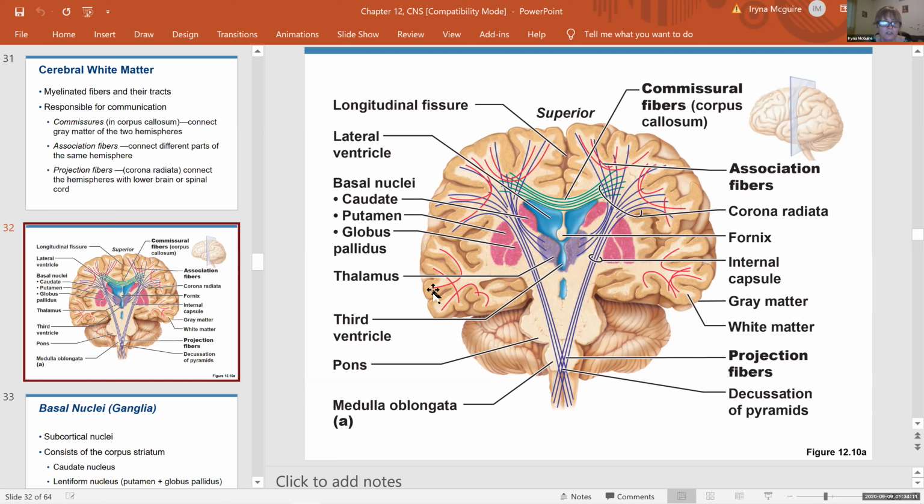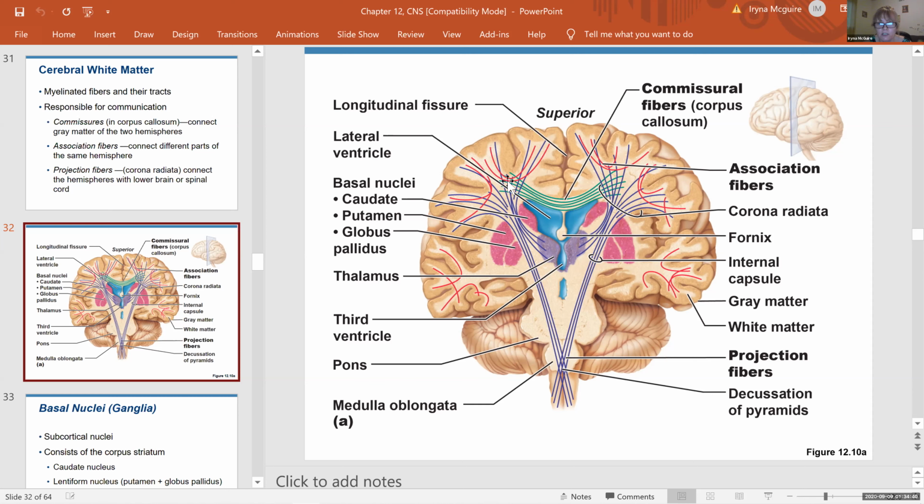So we talk about cerebral cortex and all these different areas, right? Somatosensory, motor, premotor, association, multimodal association area. That was all part of the cortex. Now we're going to look at white matter. White matter are these myelinated fibers that form tracts. The fibers can go in different directions.